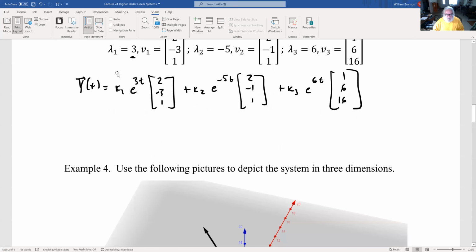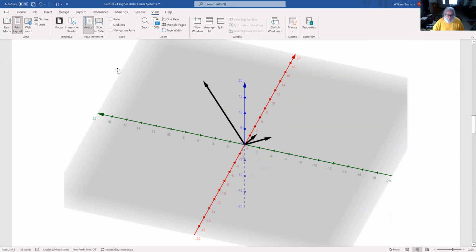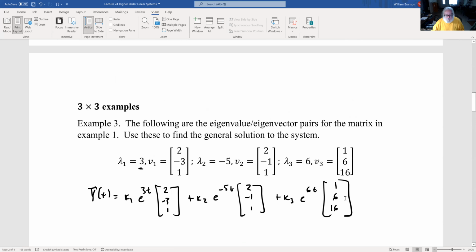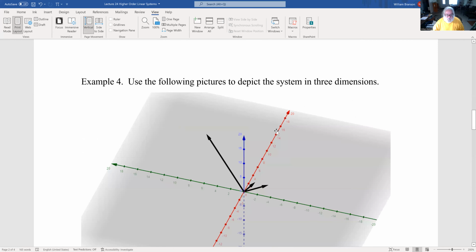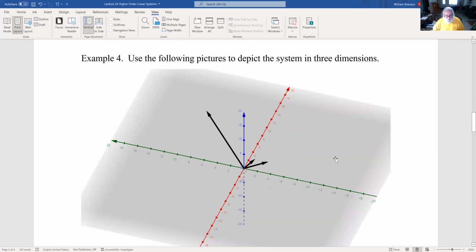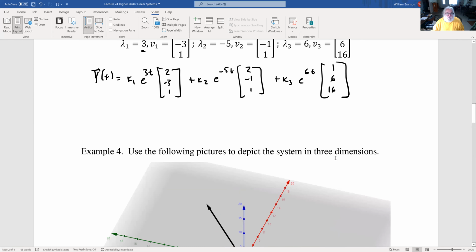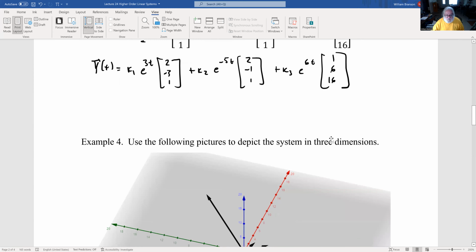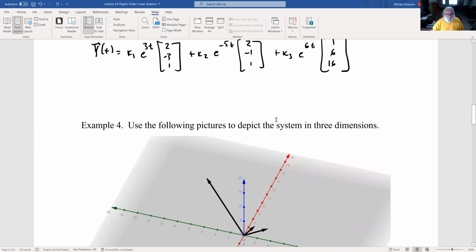And the problem is, can you actually sketch this in 3 dimensions? And here's a picture of 3 dimensions. We'll zoom out a little bit. There we go. So which of our 3 vectors is our eigenvectors? So 2, -3, 1, that's this one.